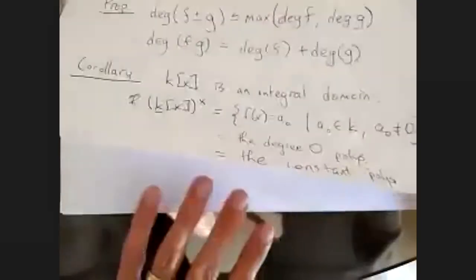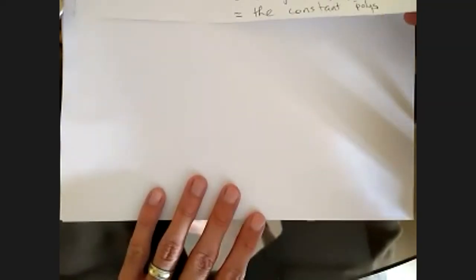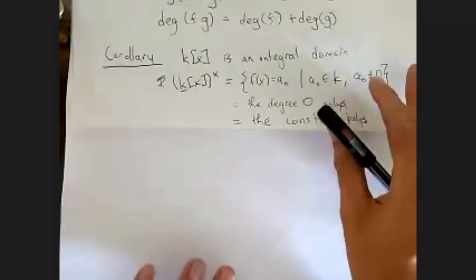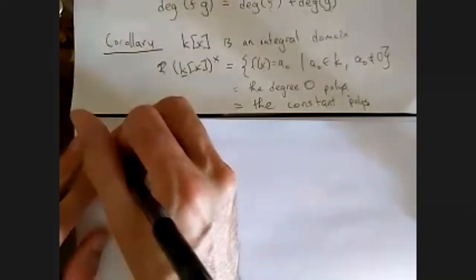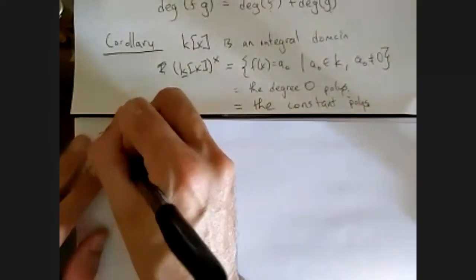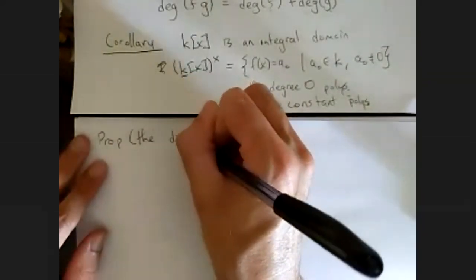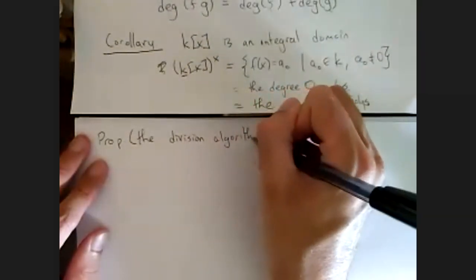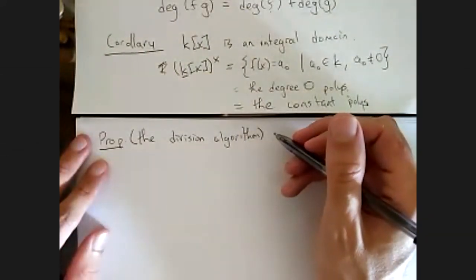Just like we can divide integers, we can also divide polynomials. So we have this proposition. We call it the division algorithm, but it's really the fact that there exists a way to divide polynomials.